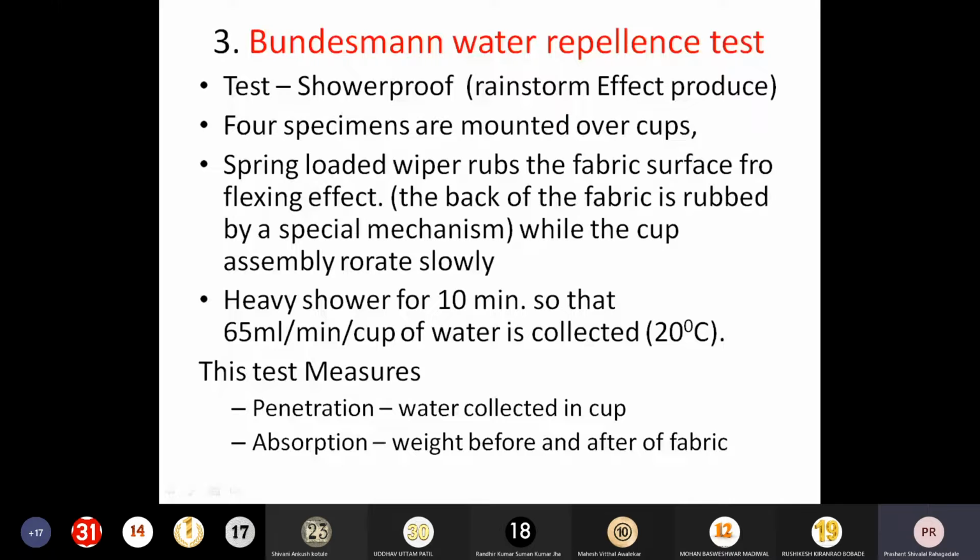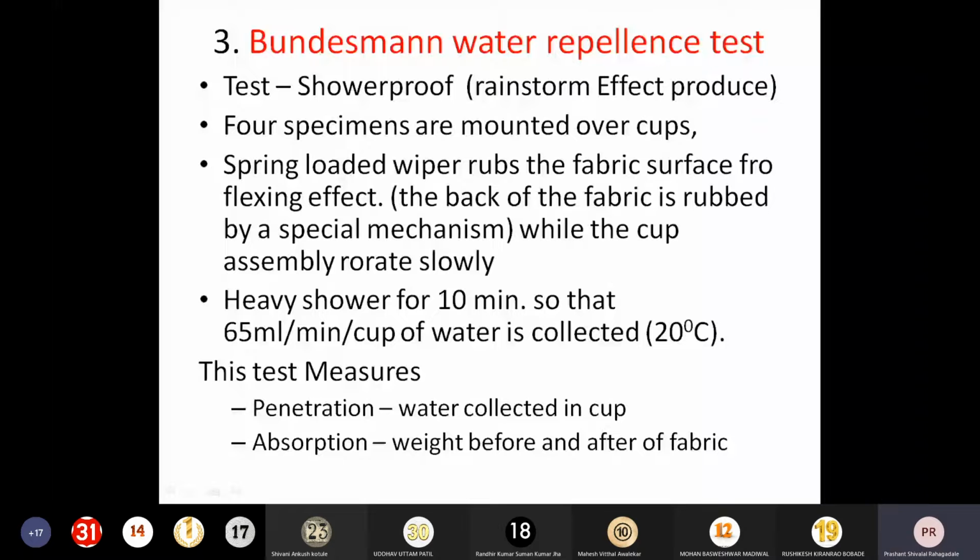Now in this test, the fabric is subjected to a shower of water from a head fitted with a large number of standard nozzles. Means on top there is a water tank, or water head, and that water head has a large number of standard nozzles.